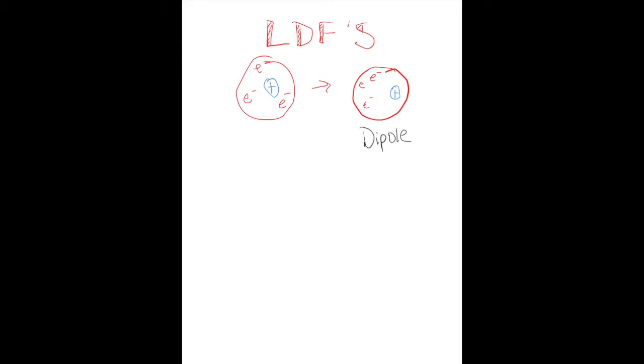And that's when this part where the nucleus is becomes delta positive or partially positive, and the part with the electrons becomes partially negative or delta negative.